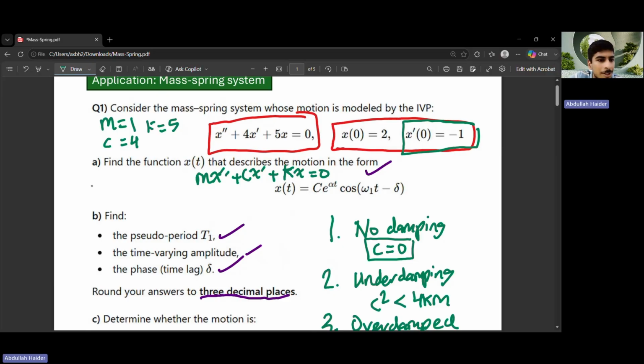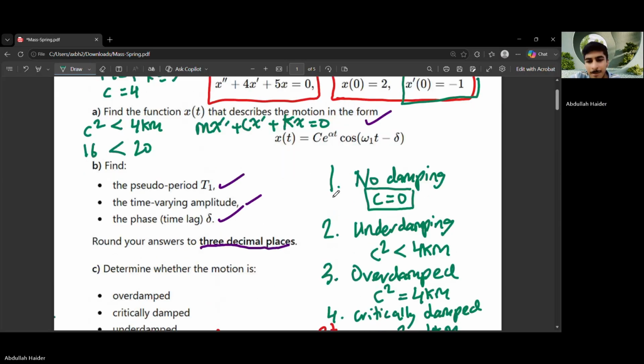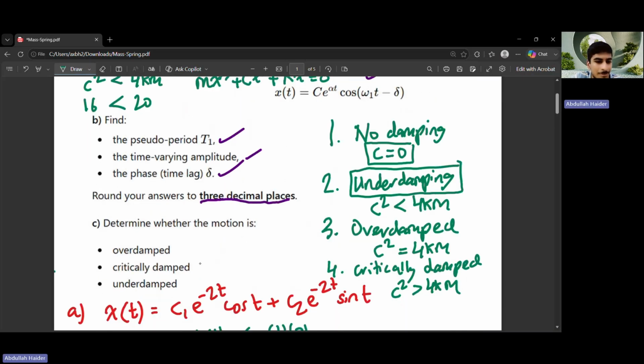So we need to check our c squared, and we need to find our 4km. So c squared is 16, and our 4km, 4 times k, is 20. So c squared is less than 4km, 16 is less than 20. So when we have c squared less than 4km, we know that the system is underdamped. So we'll just choose underdamped.